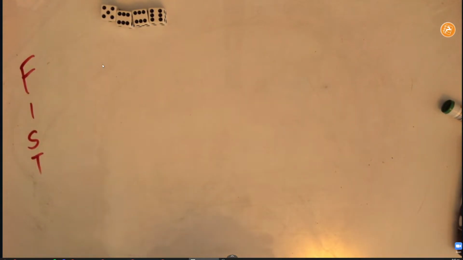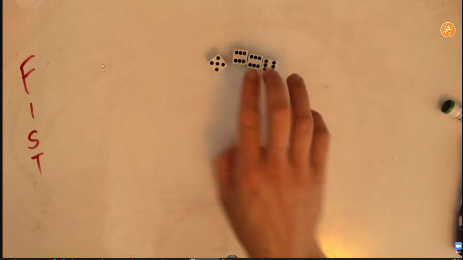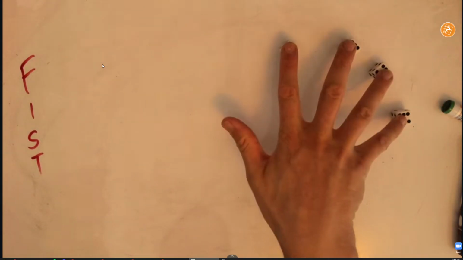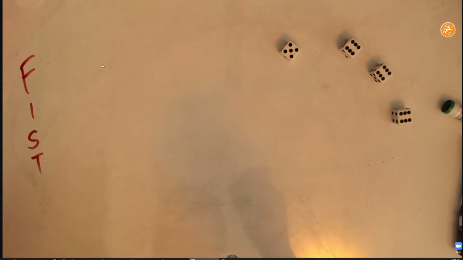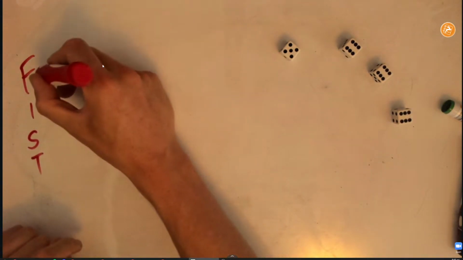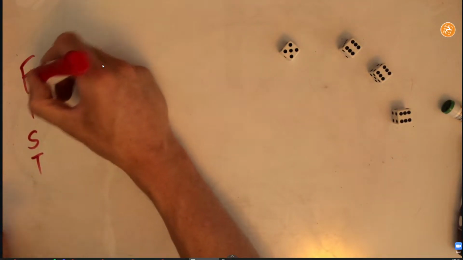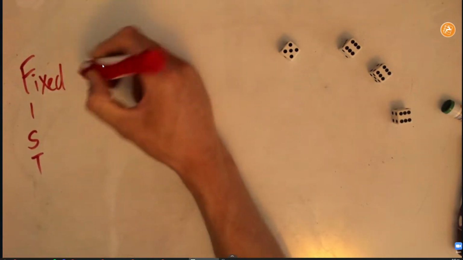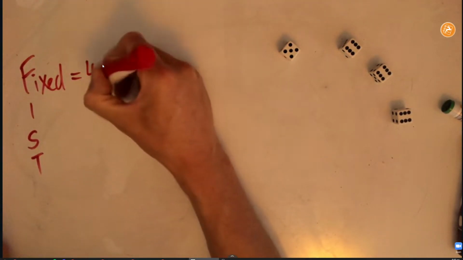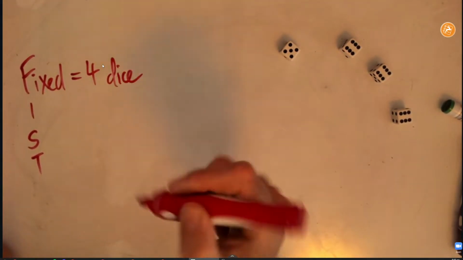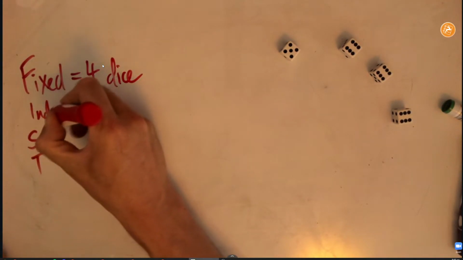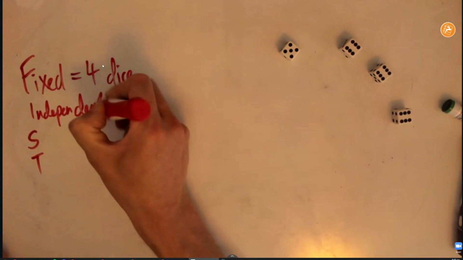Okay, so how are we going to do binomial with these dice? Right, well, we're going to have a fixed number of trials. So we're going to have a fixed amount of dice. So we want 4 dice. Right? Independent. Are they independent of each other? Yes.